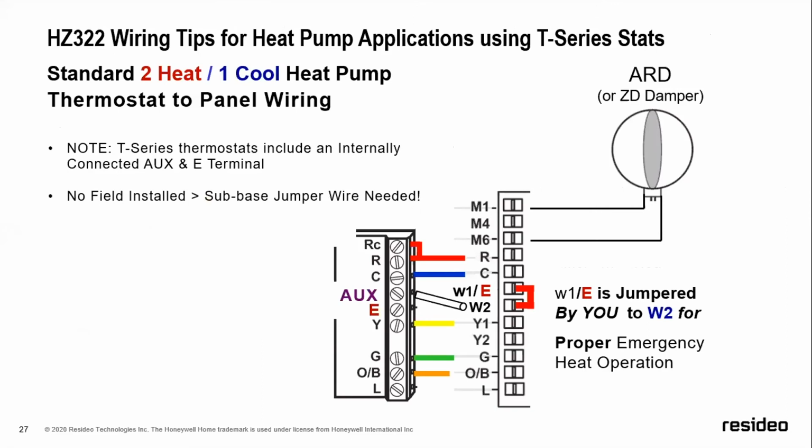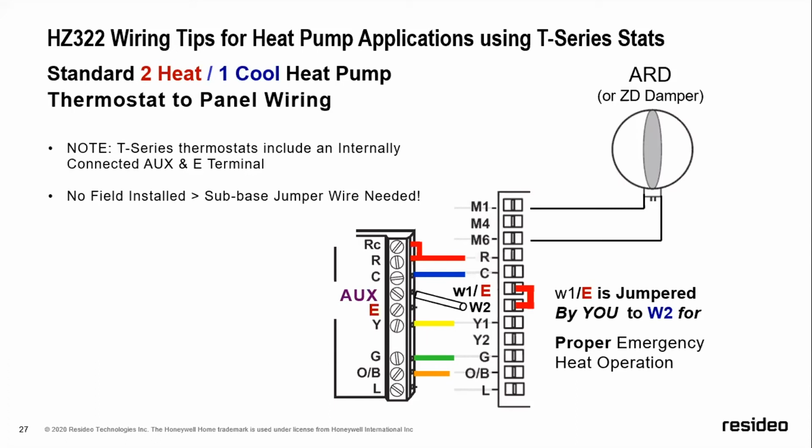So I'm wanting to show you some of the common mistakes that can be easily overcome on zoning systems. So when it comes to heat pumps, and you've got a 2-heat, 1-cool heat pump, what you will see in the installation guide, even though it's not a bright red jumper like you see here on the screen, is for proper operation when you come off the sub-base of a T-Series thermostat with one wire.